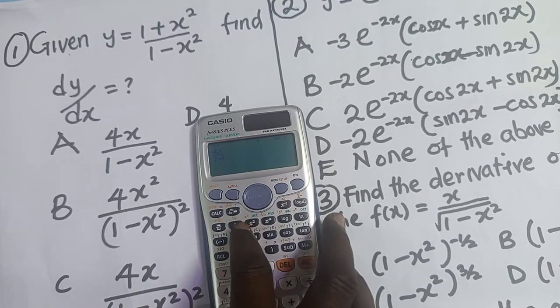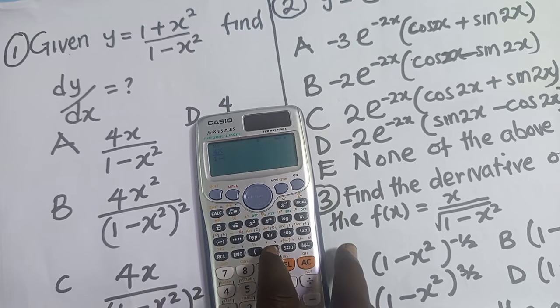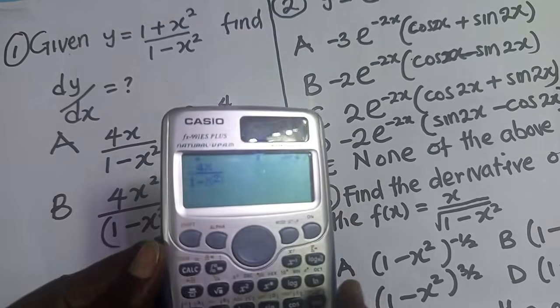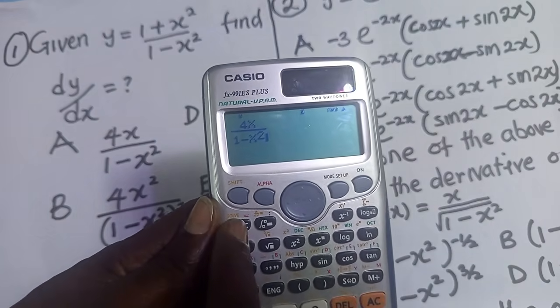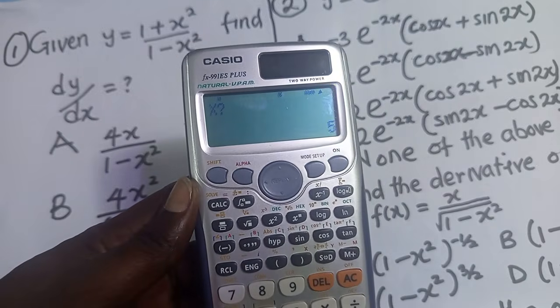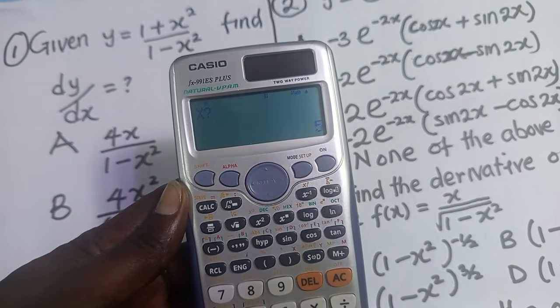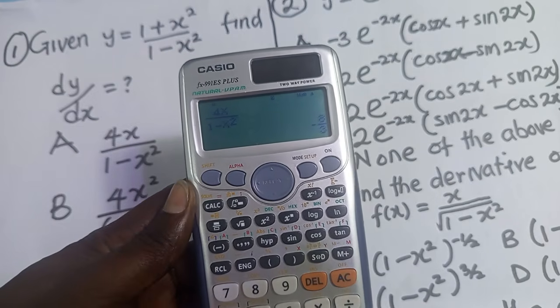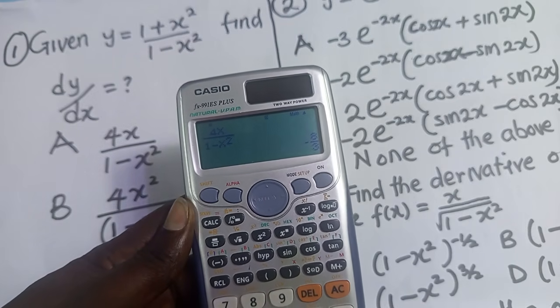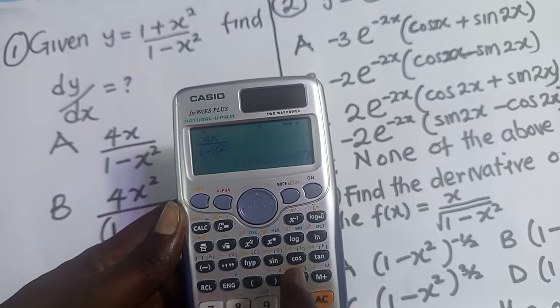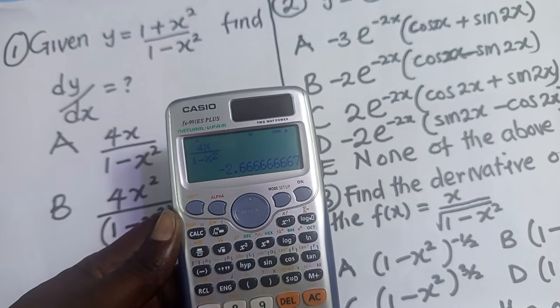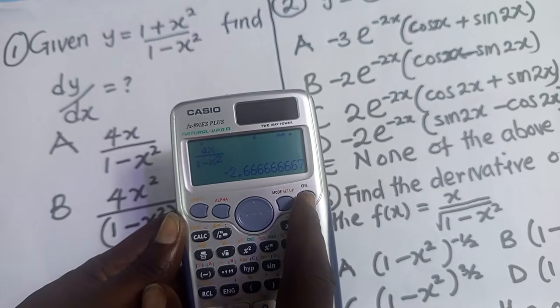Then press calc to ascertain the value. Which value do we use? We use 2. When we use 2, we have minus 2.6. That is not the answer.